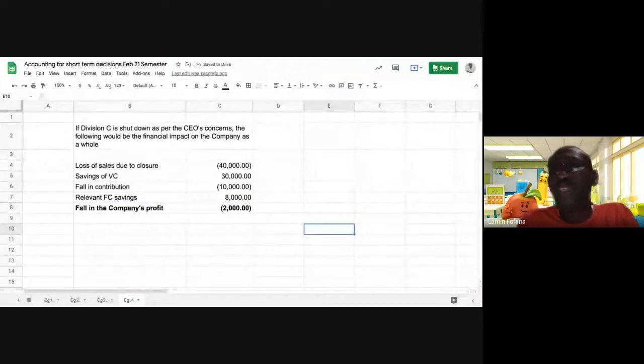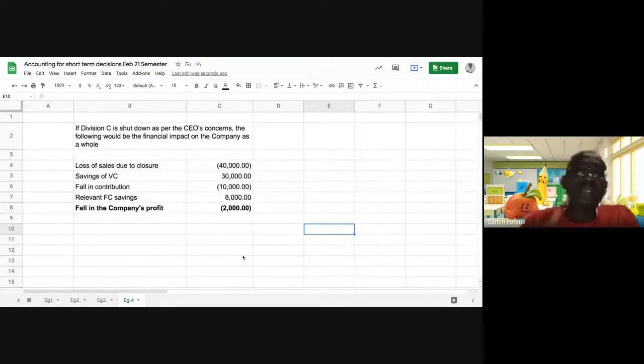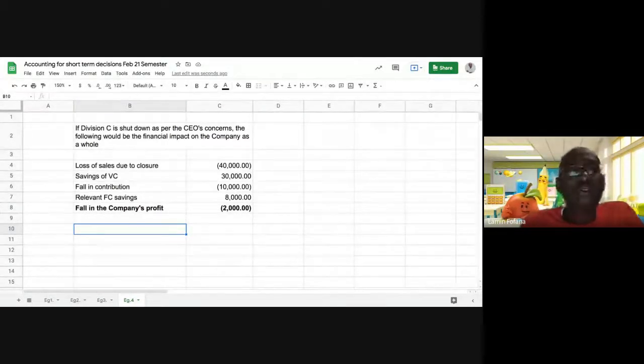So based on this, what will be our advice? Are we going to advise that we still close division C, or we should not close division C? The overall results will be, if we shut down division C, it will not be good for the company, because the company is going to lose 2,000 overall.